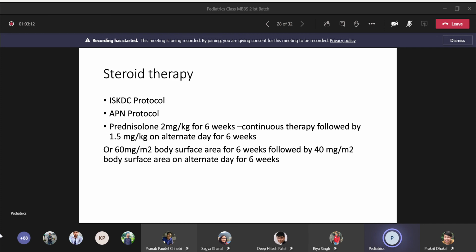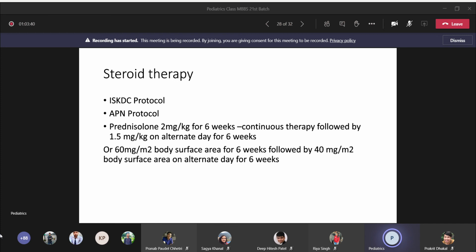So for that, you have to take the body surface area of the patients. And how can you take it? You might have some logbook, and on the back of the logbook, you'll get how to work out the body surface area. And the 6 weeks continuous therapy, and then 6 weeks alternate day therapy. And then you have to taper and then withdraw it.